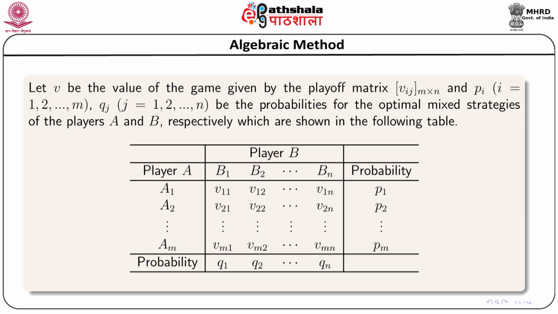That means we are considering a payoff matrix of order m by n, and Pi's as the probabilities for the actions to be chosen by the maximizing player A, and Qj's, j equal to 1 up to n, be the probabilities to be considered for choosing the actions for the player B, and these probabilities are shown in this slide along with the payoff matrix for the player A.